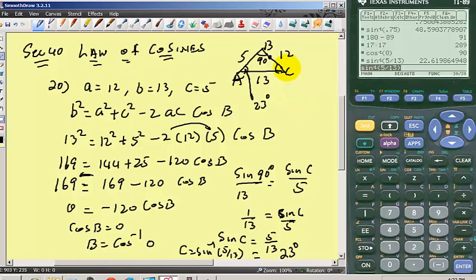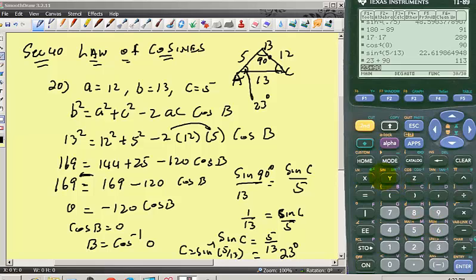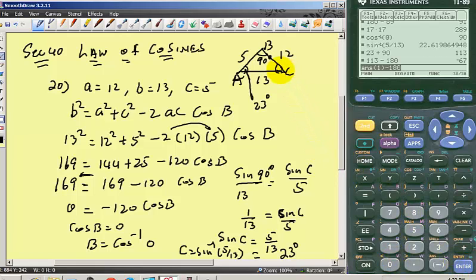So angle A is easy now, because I don't have to use law of sines or cosines, it's just geometry. 23 plus 90 gives me 113 degrees. When I subtract from 180, that's going to be 67, so angle A is 67 degrees.